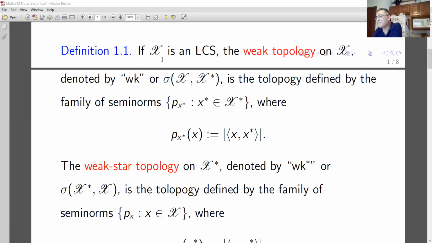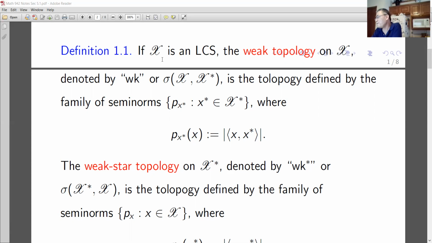So for each point, we have basic neighborhoods. The basic neighborhood is defined by a finite number of semi-norms. So each basic neighborhood of a point x0 is defined in terms of a finite number of semi-norms.